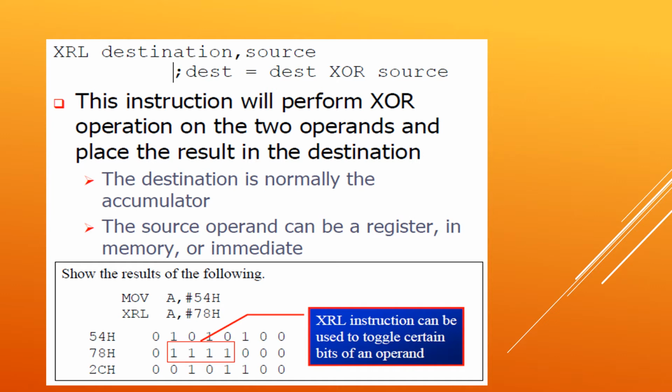So the XRL instruction can also be used to toggle certain bits of an operand. Going through the pattern up to the MSB, the answer comes to 2C, which will be available in the destination. In this instruction, our destination is the accumulator, as you can see in XRL A, #78H.